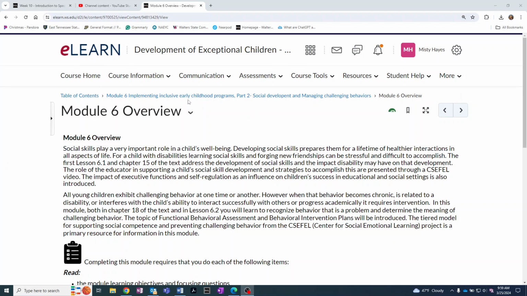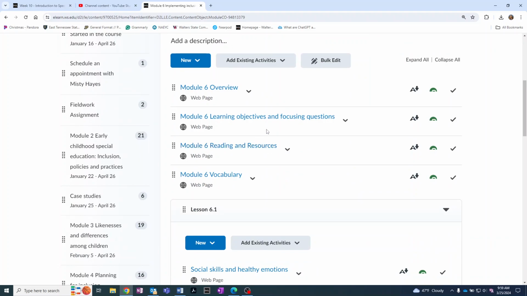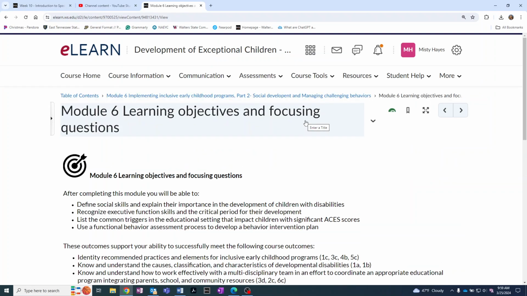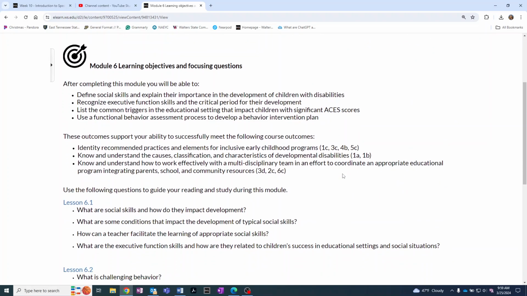So, getting into Module 6, there's lots of resources for you to look at as we're going through. Obviously, I want you to look at the focusing questions before you start in our objectives. So, really, our objectives are going to be defining those social skills, right? And explaining the importance of them in early childhood, especially looking at those who have disabilities.